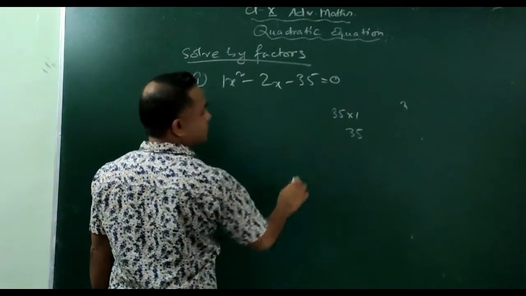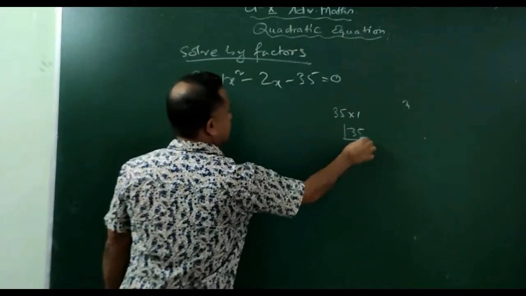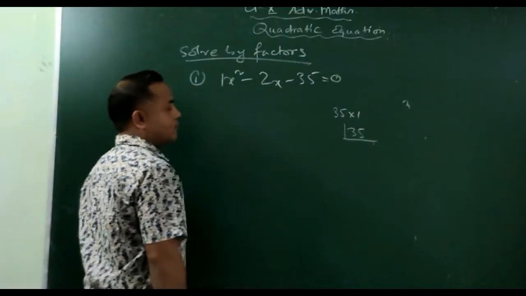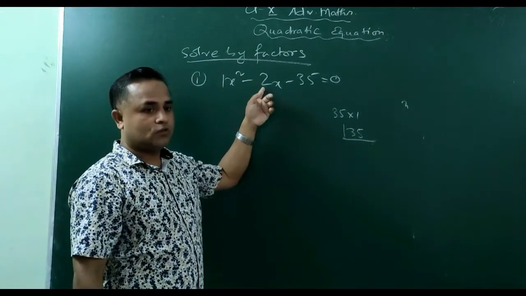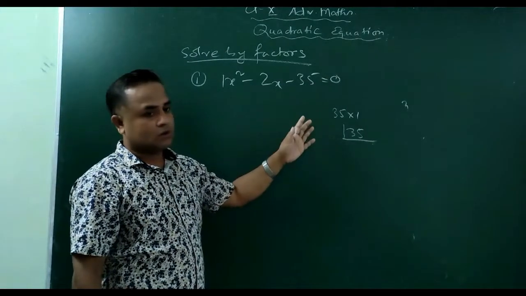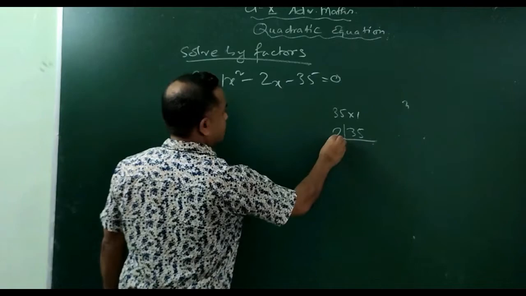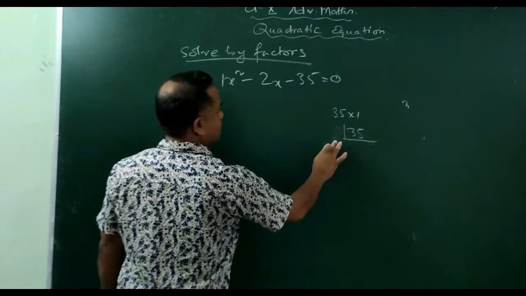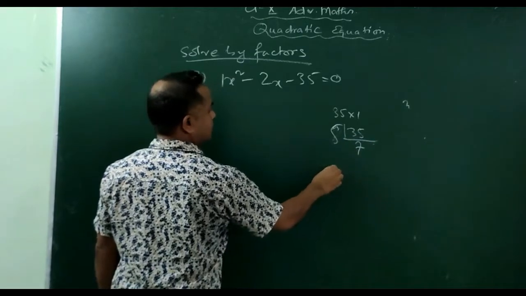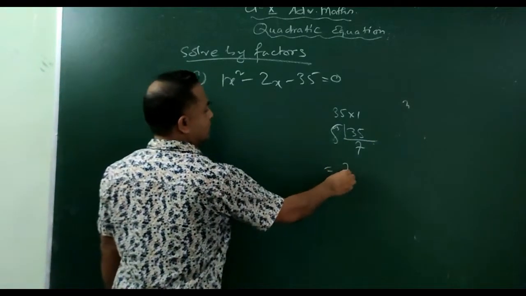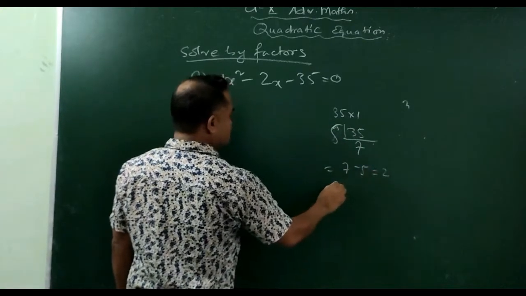So we will factorize this. We take its prime factors to find the middle term, that is 2, by addition or subtraction. It doesn't go by 2, we will go by 5. 5 sevens are 35. Here we see that 7 minus 5 is equal to 2.